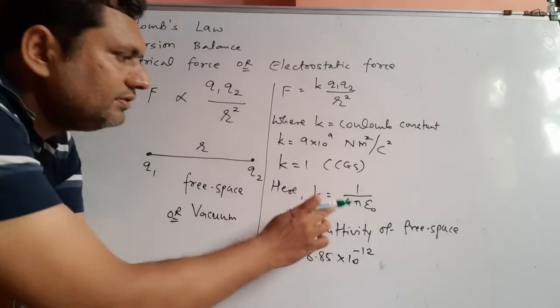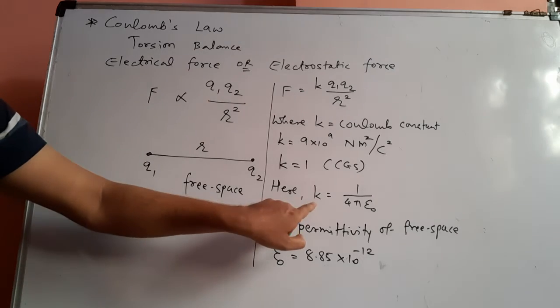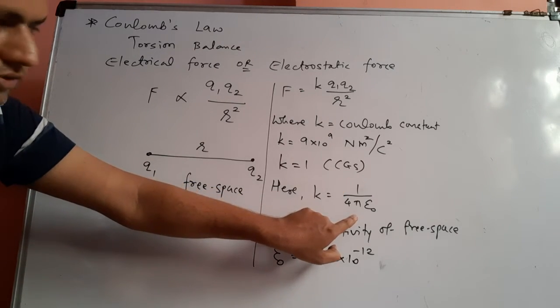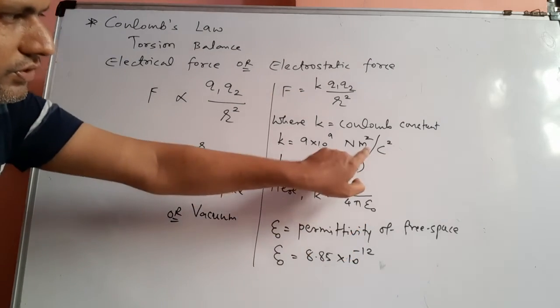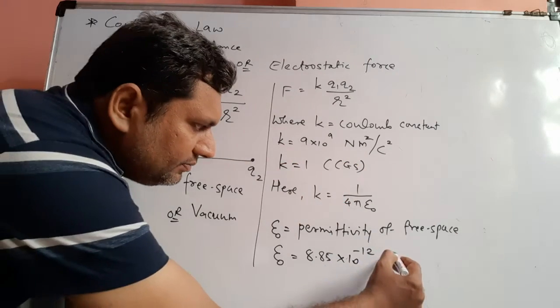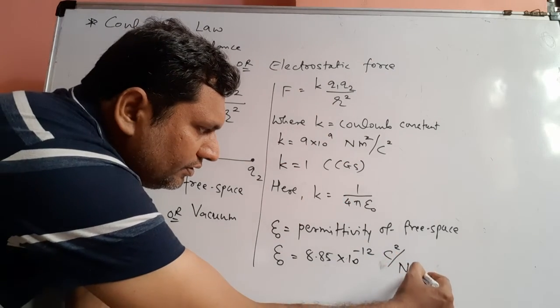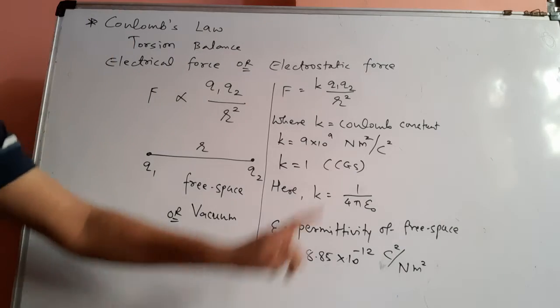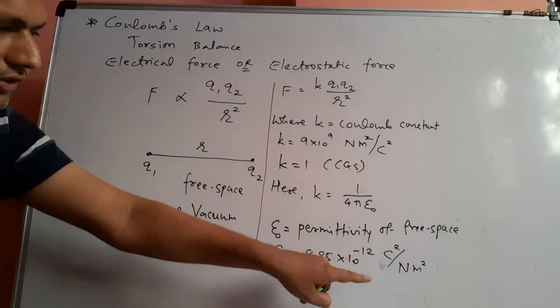Since k is equal to 1 upon 4 pi epsilon naught, epsilon naught is in the divide, so the unit will be something like this: Coulomb square per Newton into meter square, the reciprocal of that.